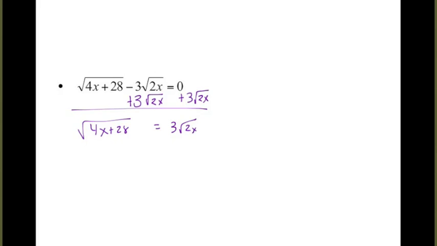This one has 2 roots, so when you have 2 roots, you want to separate them. So I'm going to add 3 square roots of 2x to both sides. Then we undo them by raising them to the same power. They are both square roots, so we are going to square them.